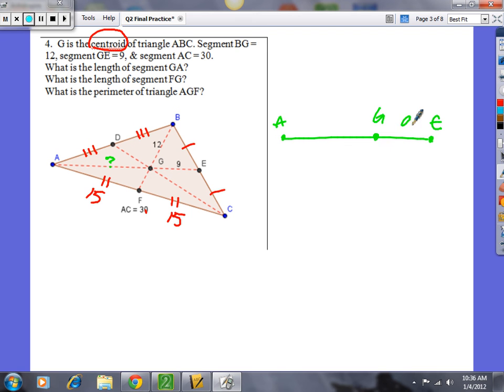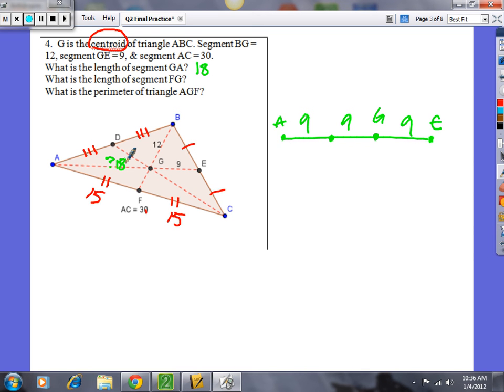And from G to E is 9, so I know there's going to be a 9 here and a 9 here. So if I divide this line into 3 parts, each part is going to be 9. So the distance from A to G is going to be 18. So I'm going to label that 18.